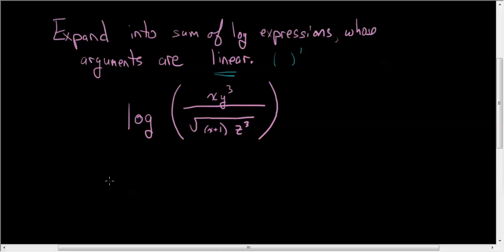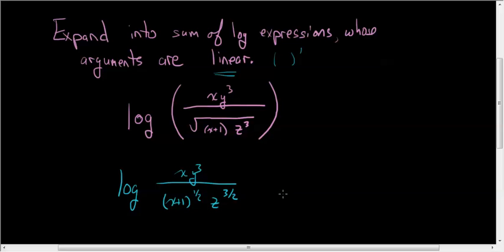So let's rewrite this first. Rewrite this as the log of x y cubed divided by, now I'm going to rewrite this as x plus 1 to the 1/2 and z to the 3/2.